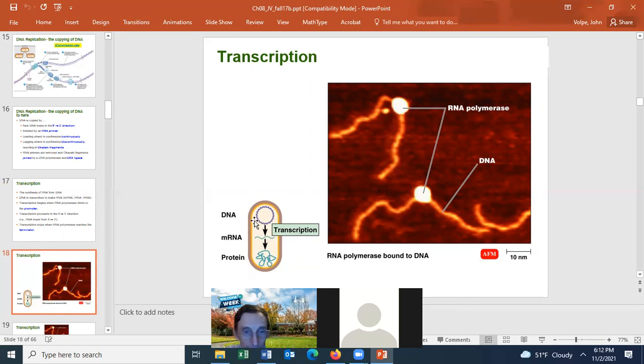As I mentioned, the DNA will be transcribed either into messenger RNA, tRNA, or rRNA. If the DNA is transcribed into messenger RNA, it'll be translated into protein. If the DNA is transcribed as rRNA or tRNA, that's it. There is no protein translation.